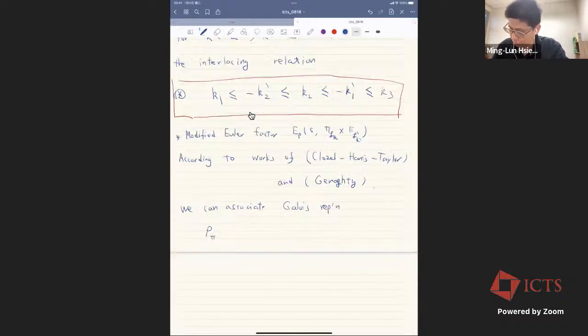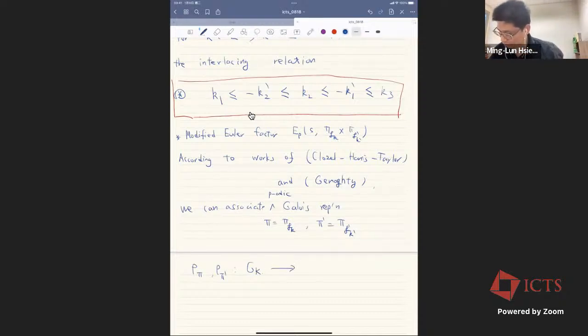So pi is referred to pi, f, k, and pi prime is referred to pi prime, f prime, k prime. Okay, and we can associate Galois representations, rho k, a p-adic Galois representation, rho pi or rho pi prime from the absolute Galois group of K to GL(VK) or GL(VK prime).